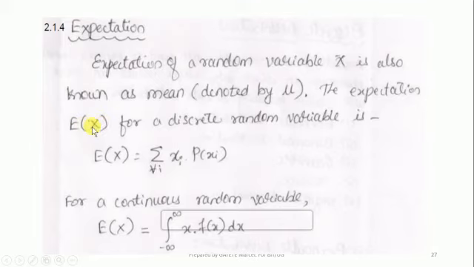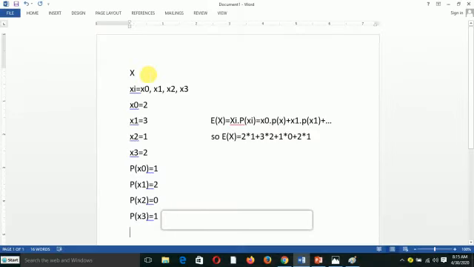For a discrete random variable x, its expectation is equal to the summation of all values of xi multiplied by the probability for x to hold the value xi. So let's see an example here. I'm having x, this is a random variable.